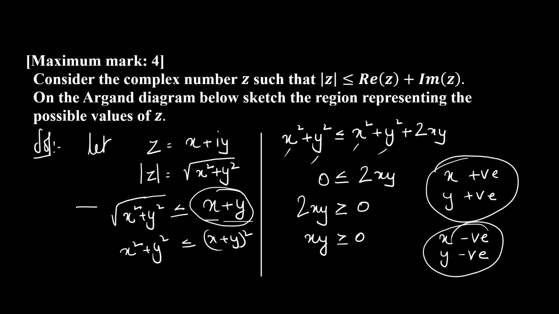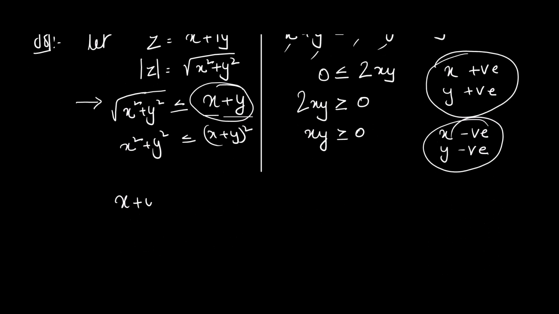We know that root of any number has to be a positive value, and we know that mod of a complex number is going to be a positive value. And therefore, in a way, it has given us two equations over here. One is this, and the other equation is x plus y is greater than or equal to root of x square plus y square, which would simply mean that x plus y is greater than or equal to 0.